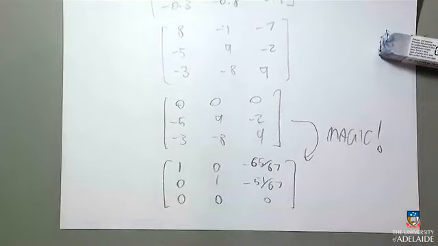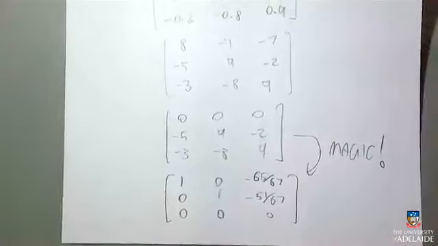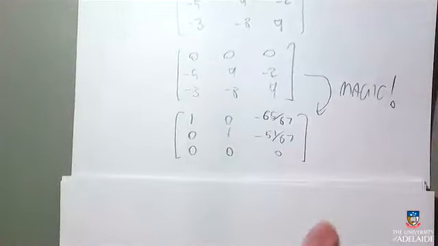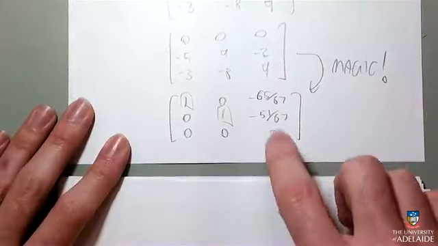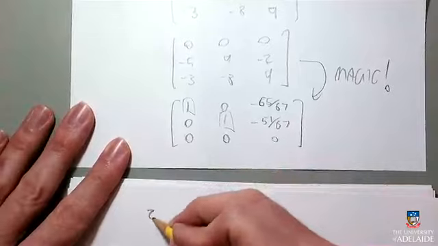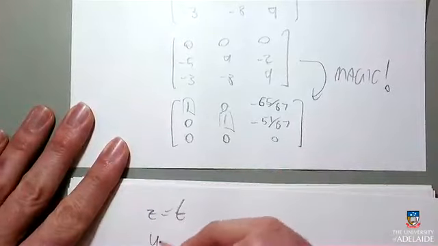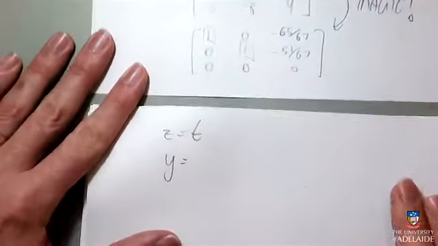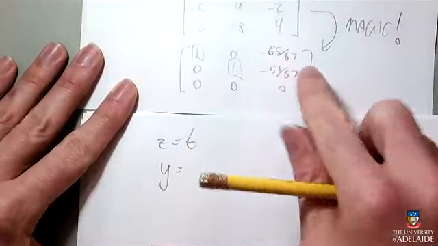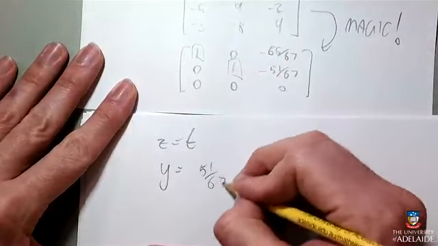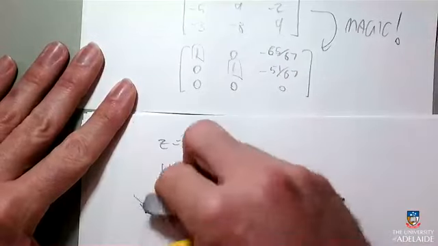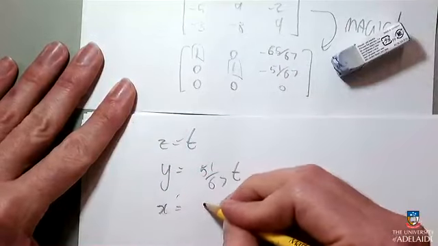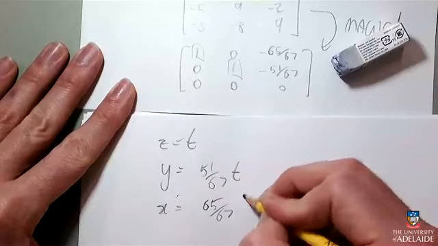So I get to there, and then I can say that I've got a pivot here, and a pivot here, and a free variable here. So I can say my third variable is t, my y is 51 on 67 t, and my x is 65 on 67 t.